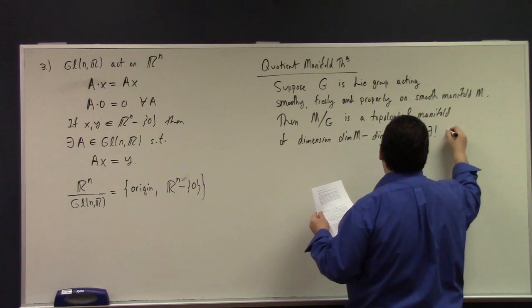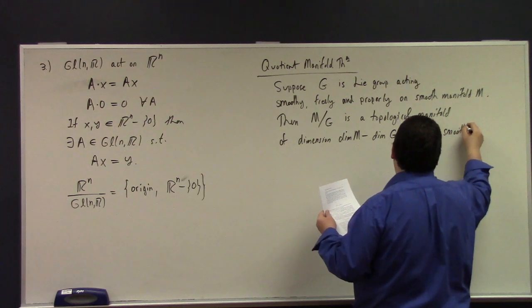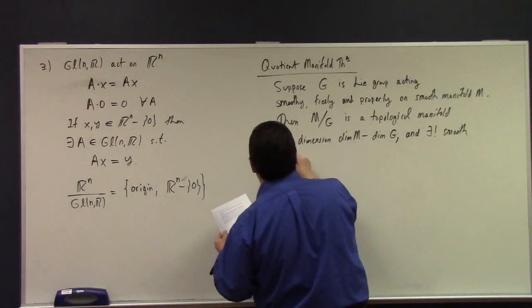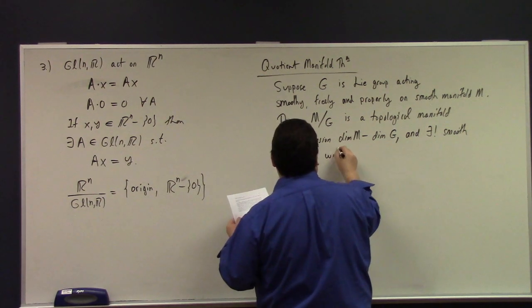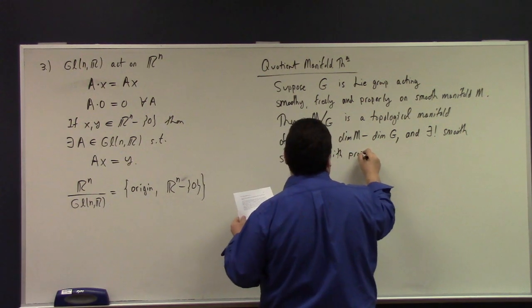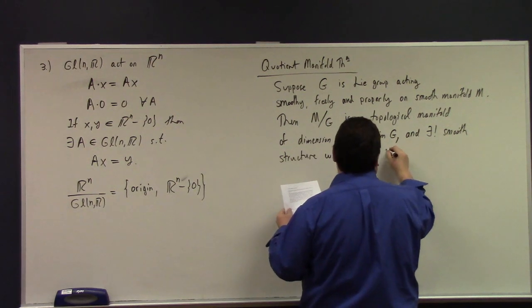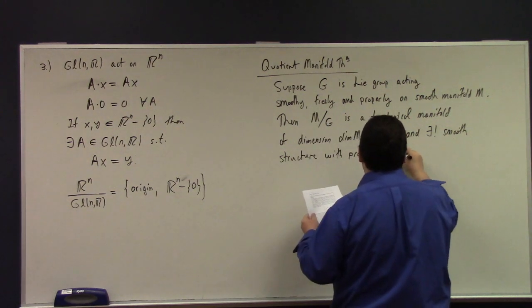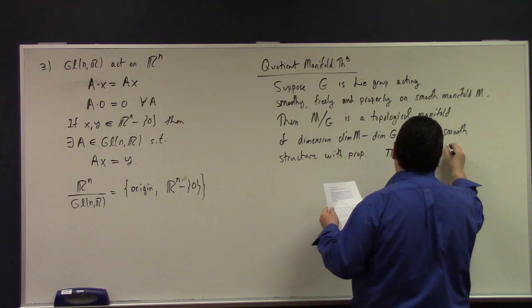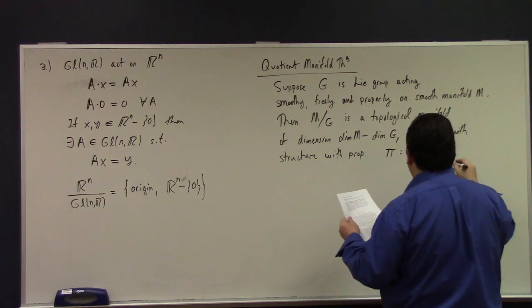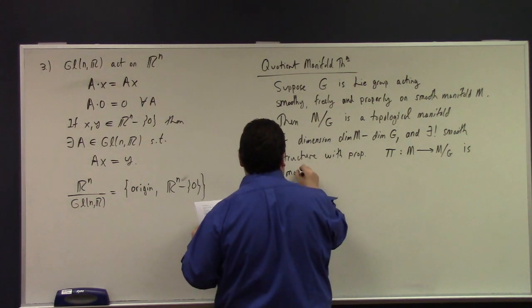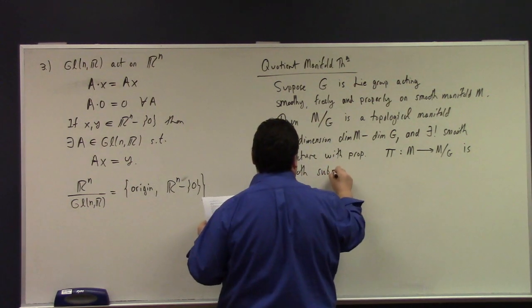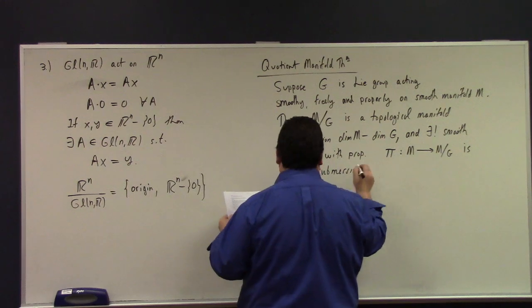There exists a unique smooth structure with the property that the quotient map pi from M to M by G is a smooth submersion.